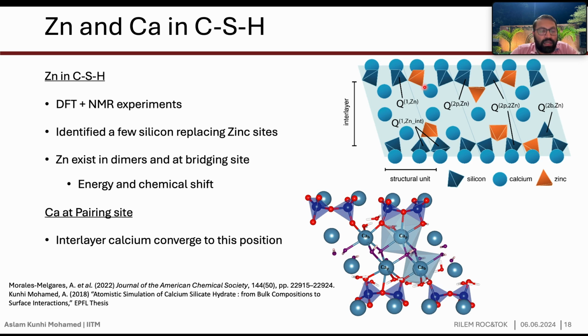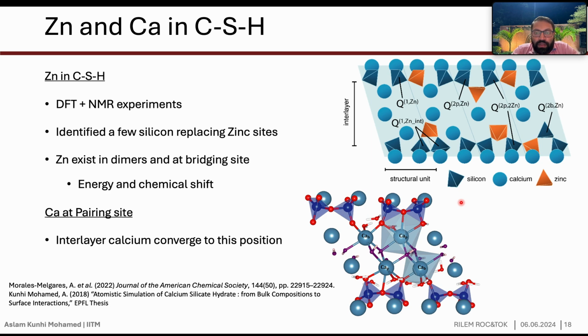Similarly, we were also able to locate the different sites when zinc is incorporated in CSH recently, which was also done experimentally. Also, experiments were carried out with DNP-NMR to locate the sites.